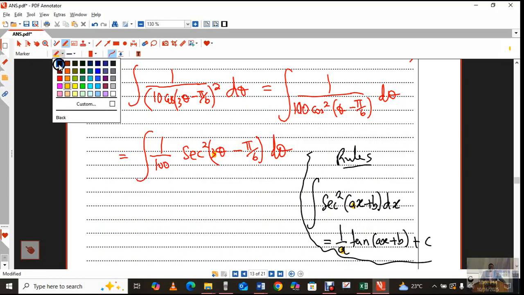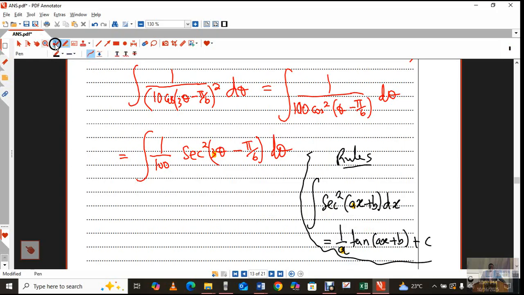So, integration time. At the end of the day, this is 1 over 100 times 1 over 3. Then this whole stuff becomes the tangent of 3 theta minus pi over 6 plus the constant of integration. Okay, indefinite.